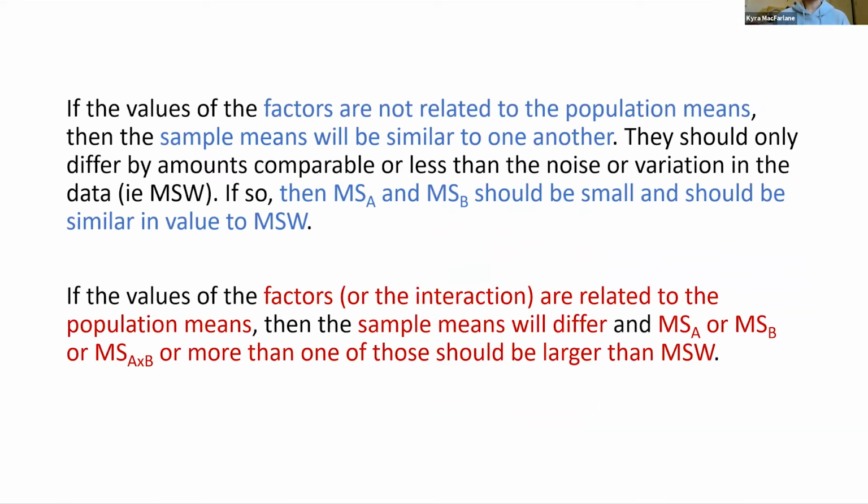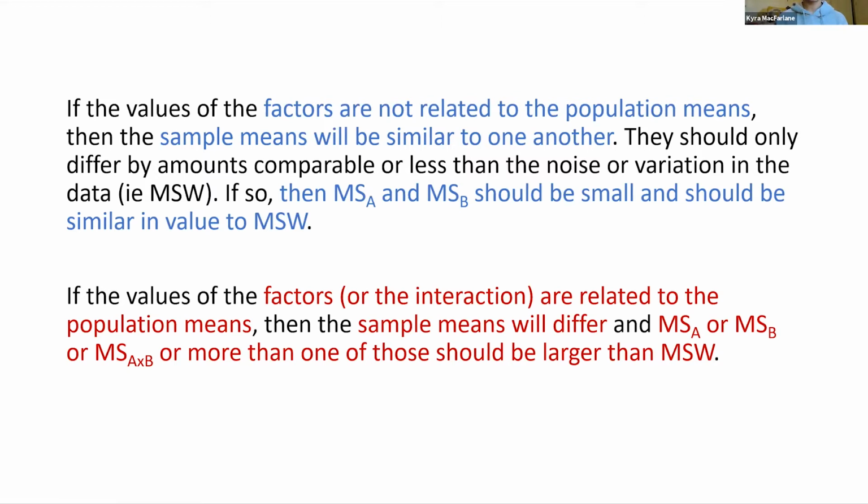If the values of the factors are not related to the population means, then the sample means will be similar to one another. So the factors don't do anything, they don't affect anything, meaning that the sample means will be similar to one another regardless of factor.